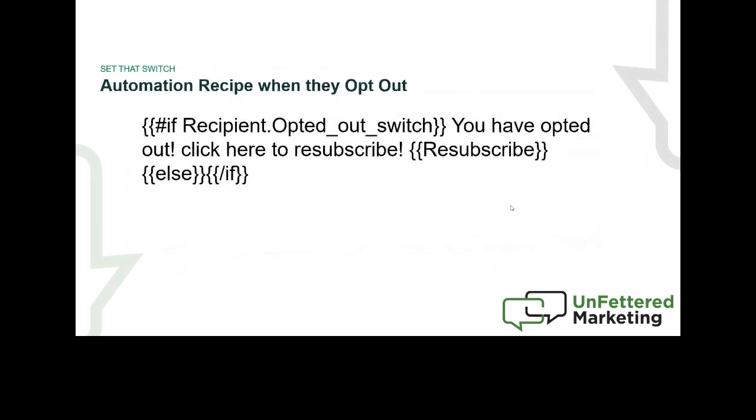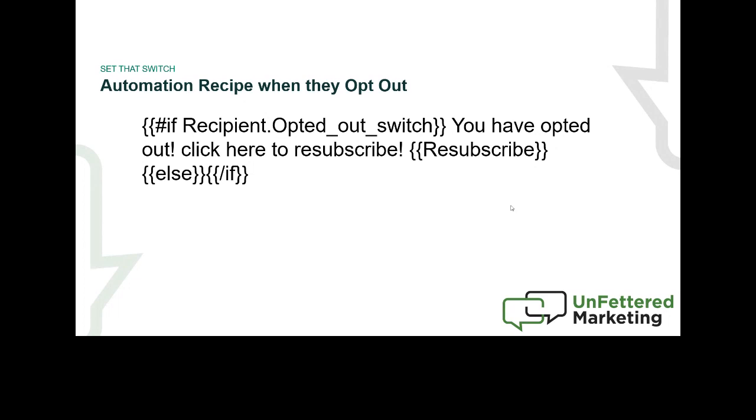So here's the recipe when they've been opted out, and this you can send in an auto reply, which is obviously, the auto replies work even if somebody's opted out already. So you can drop this into your auto reply. You could even drop it into your auto reply on the basis of dynamic content if you wanted.